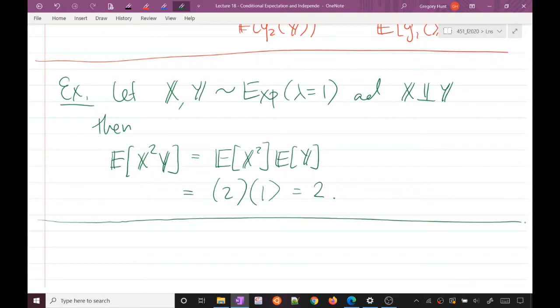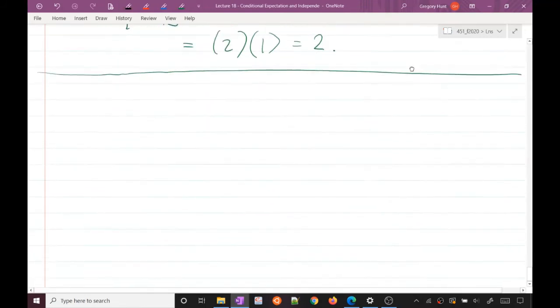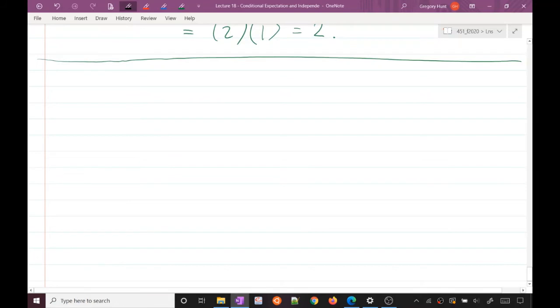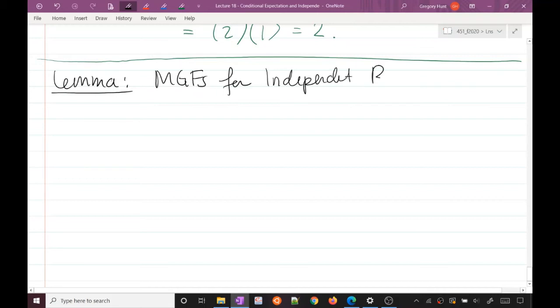So let's think, what else have we looked at? Well, one thing we haven't talked about recently is moment generating functions. Let's talk about MGFs for independent random variables.